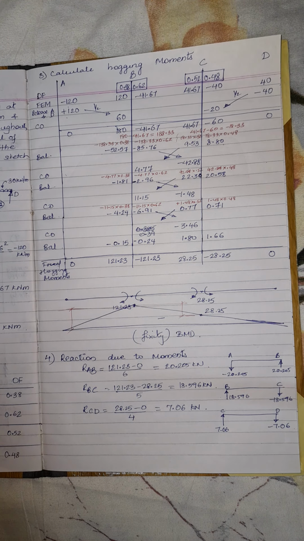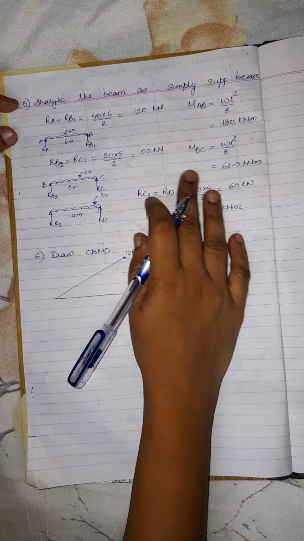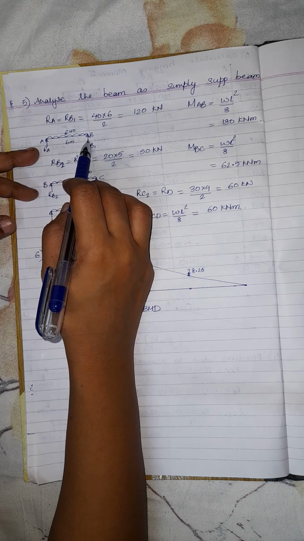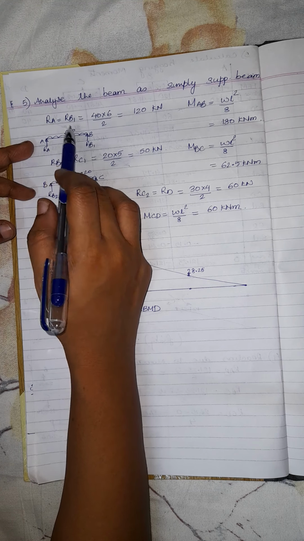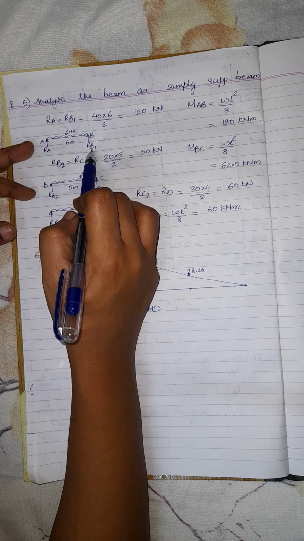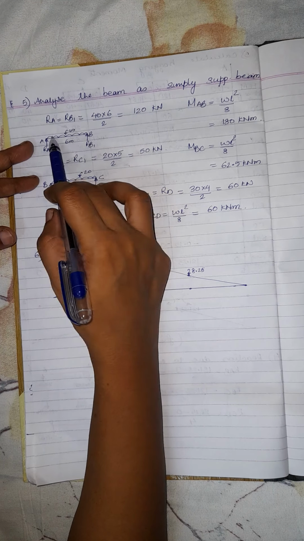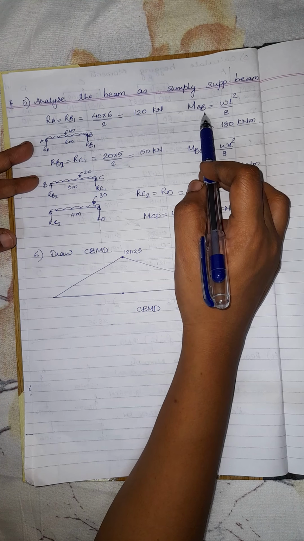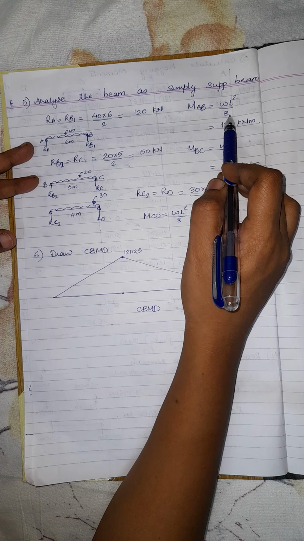Next step is analyze the beam as simply supported beam. So step number 5, now I'm going to analyze each beam as a simply supported beam. So I'm considering AB span. This is a symmetrically loaded beam, so reaction at A and reaction at B1, 50% is shared by each support. So it is total load 40 into 6 divided by 2, that is 120 kilonewton. Similarly, moment AB is WL square by 8 for a beam carrying a UDL throughout its span, simply supported beam.